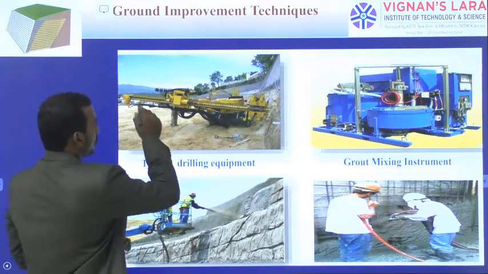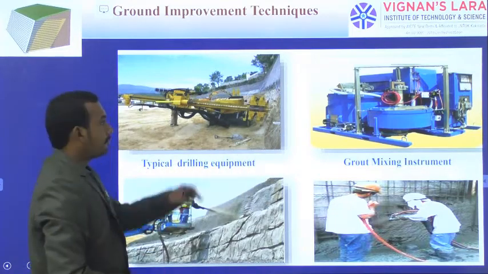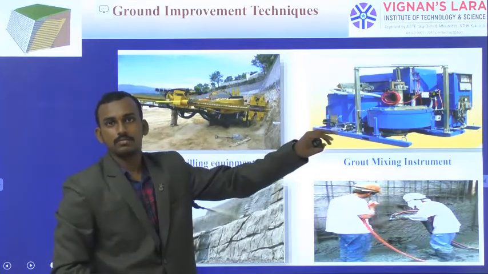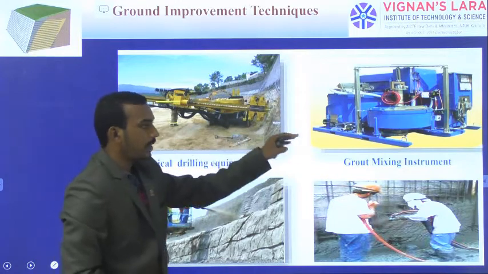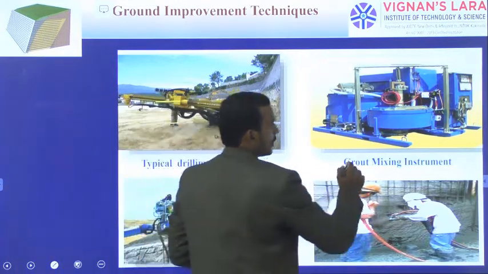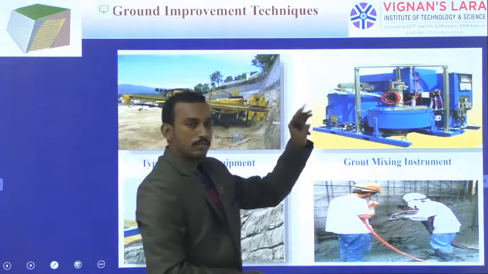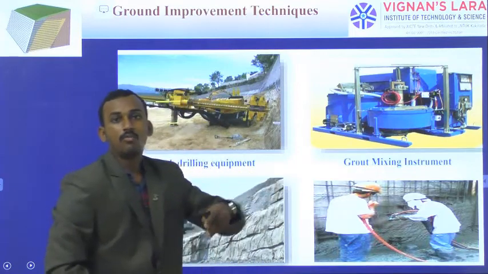If you see, this is the drilling equipment. With this we are going to drill the soil. Okay, and we are going to apply the concrete with pressure. See here, this is a grouting mix instrument. It is nothing but a concrete mixer. There we mix the concrete, here we are mixing the mortar.